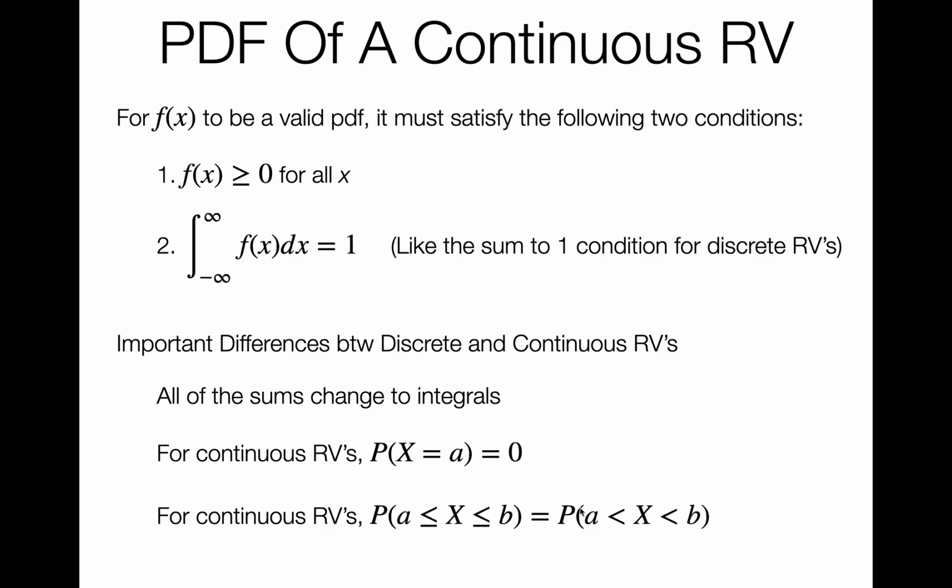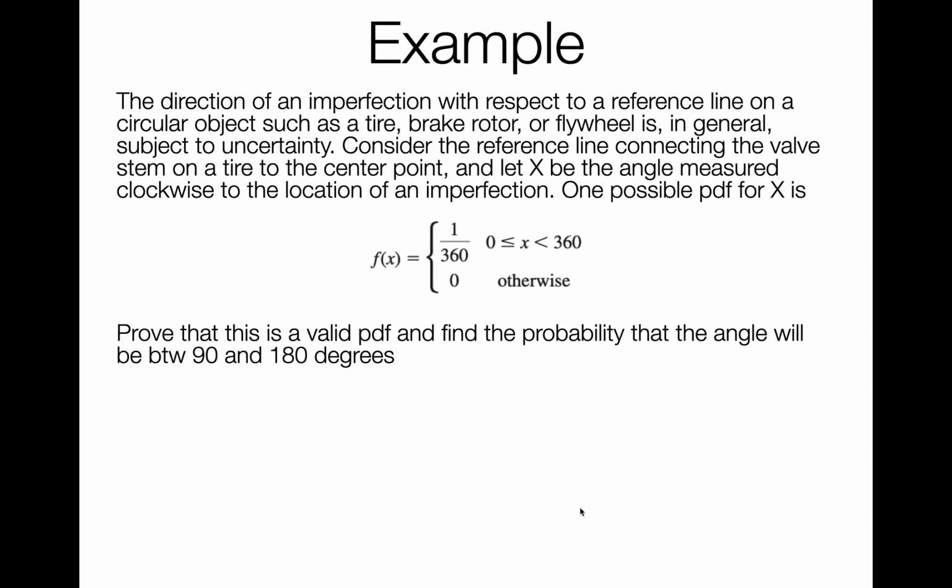It doesn't matter if it's less than or equal to, because there's no probability at a point. So whenever you see a continuous problem and you see less than or equal to or less than, you don't need to freak out. Just do the problem and don't care about the inequalities. If you have a discrete case, then you do need to worry about the inequalities. But here, you don't. All right, so anyway, let's actually work with a PDF.